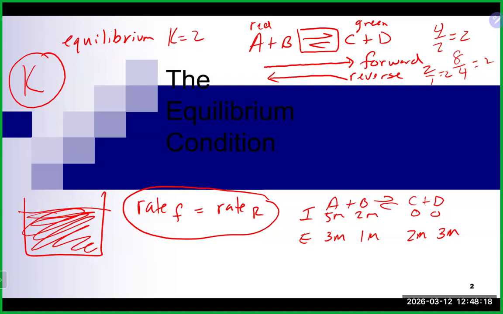But if you get to the microscopic scale and really zoom in, there is a lot of activity happening to keep that beaker red. There's a lot of A plus B going to C plus D. There's a lot of C plus D going backwards. But when you look at it in the beaker, it just looks like we're done, like nothing is happening. So in an equilibrium reaction, there's constant activity happening to maintain that.